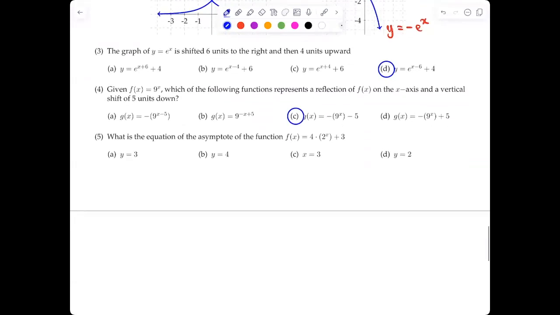Growth, right? So first you ignore this choice. No vertical asymptote. This is exponential growth. So what is the horizontal asymptote in this case? 3. y equal to 3.